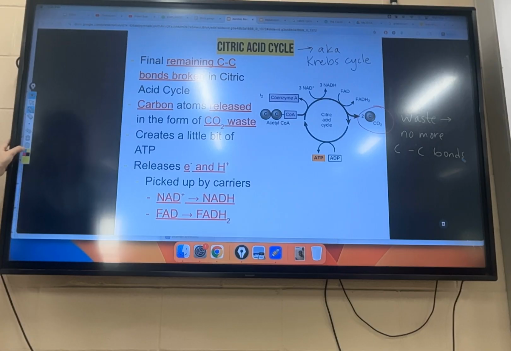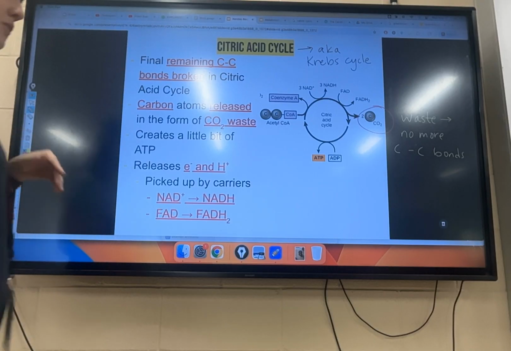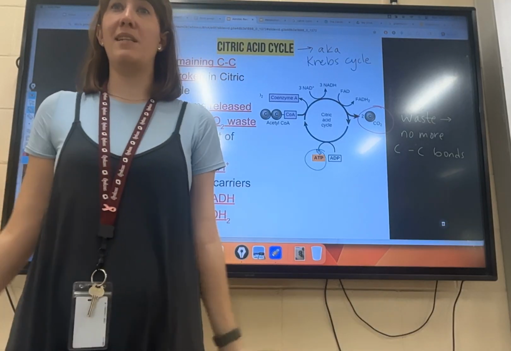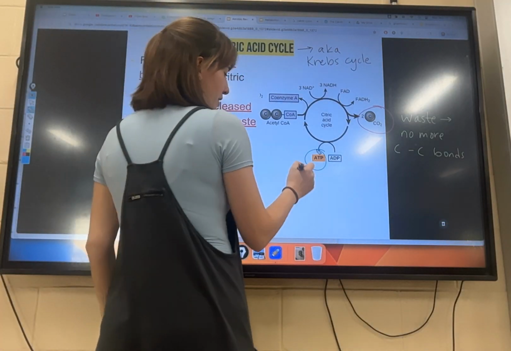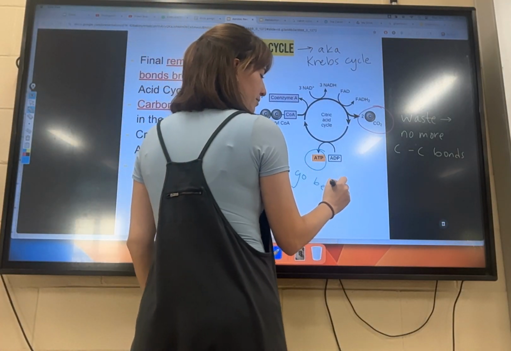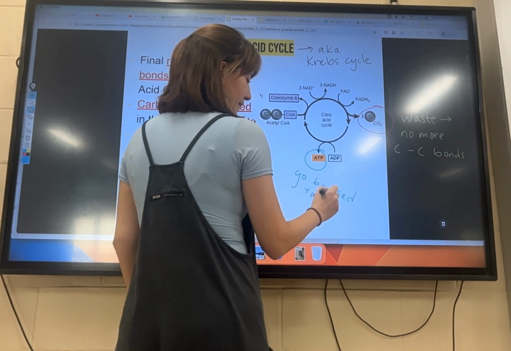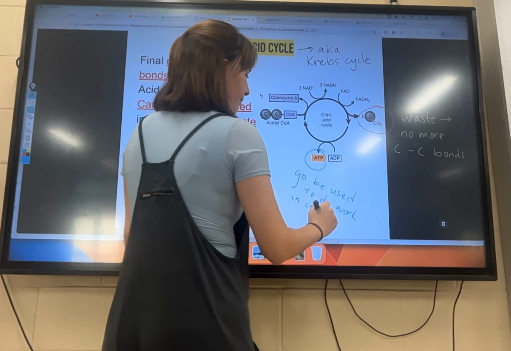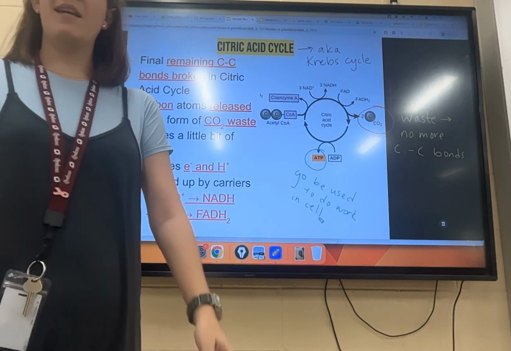But we made some good stuff here. We made some stuff that we are going to use in some capacity. ATP is good because ATP is how we can use energy in the cell. So this can go be used to do work in the cell. We've also made some energetic stuff.